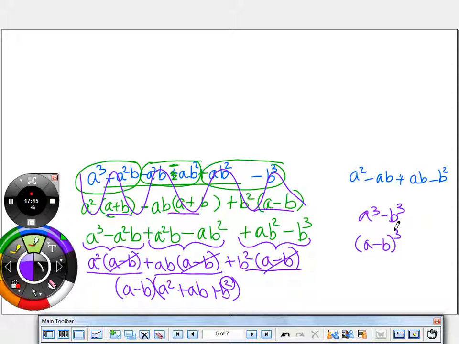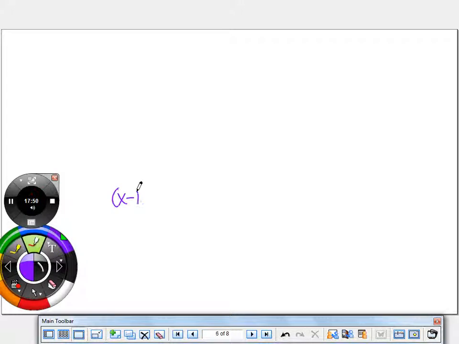It's going to be a little bit of a headache, right? Because x minus 1 times x minus 1 times x minus 1 is not just going to be x cubed minus 1. Because this part right here, when I multiply it together, is going to be x squared minus 2x plus 1.